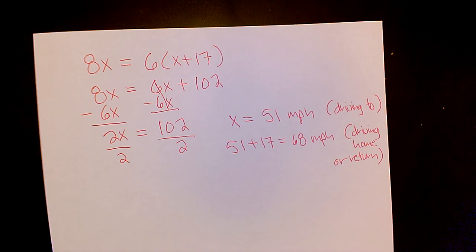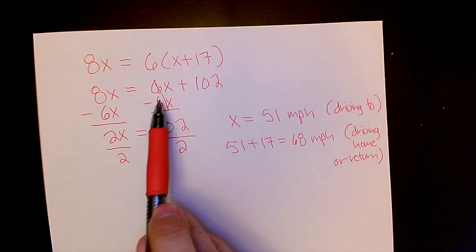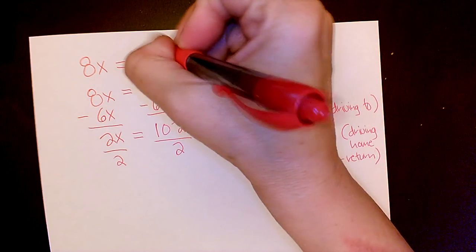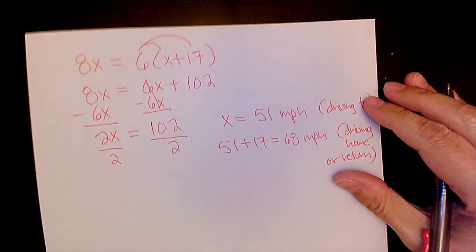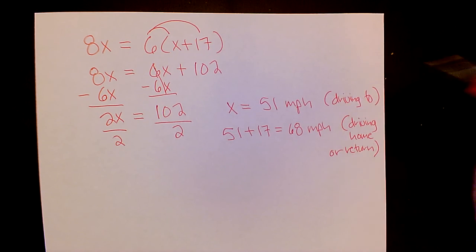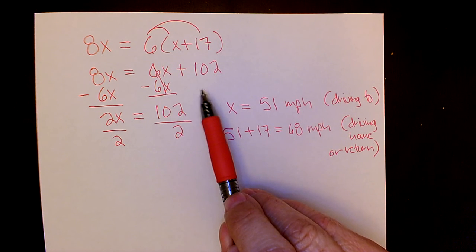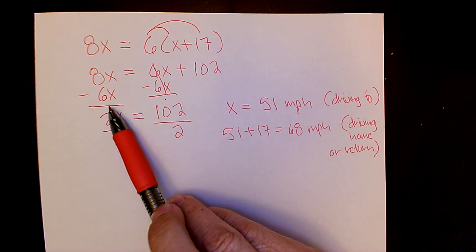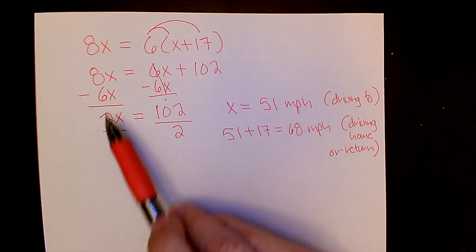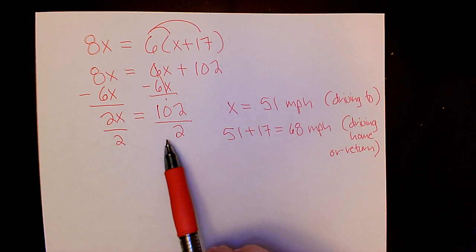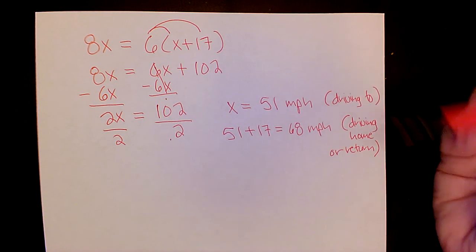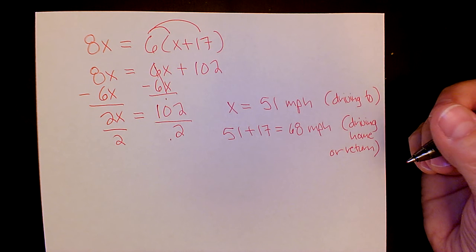I just set 8x equal to 6 times the quantity x plus 17. And I worked it out and I solved it. I distributed this 6 out and I got 6x plus 102. I subtracted 6x from both sides and got 2x equals 102 because my 6x's both canceled out.